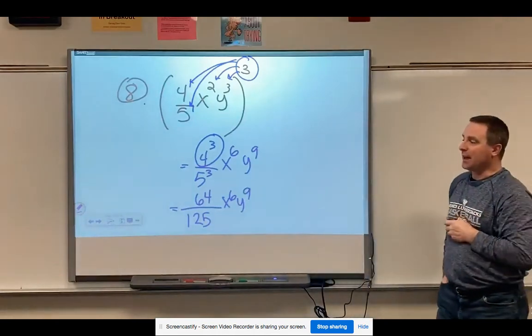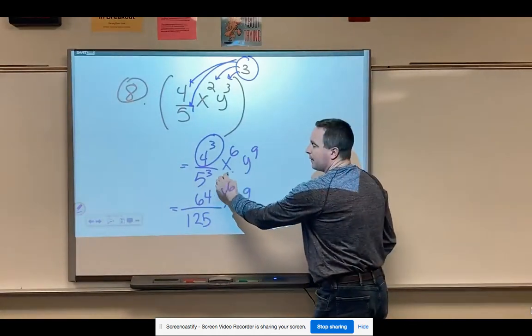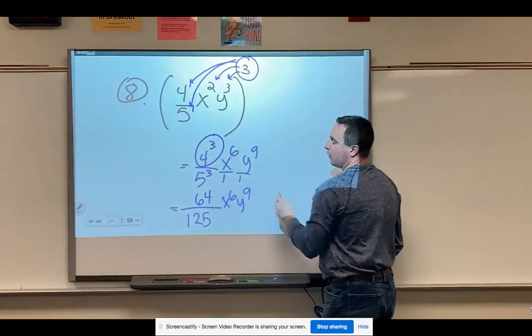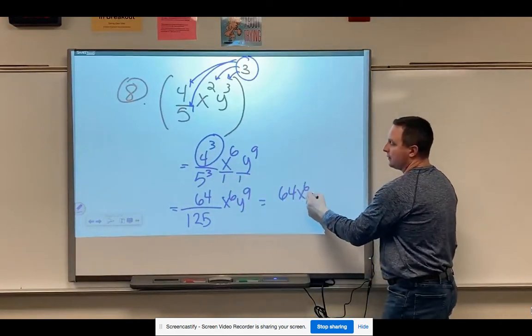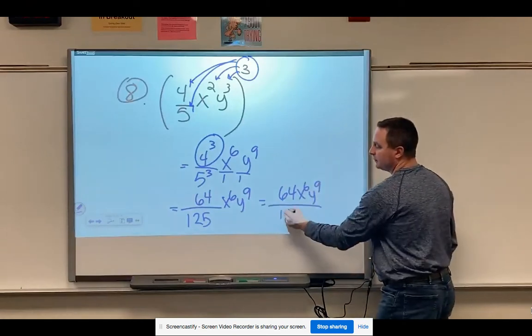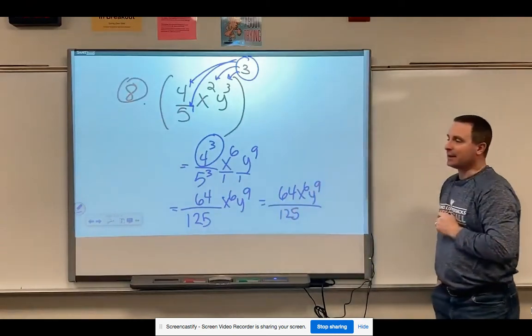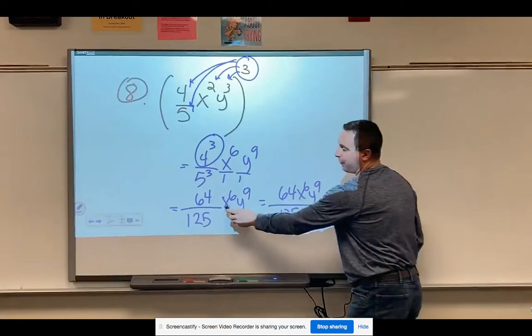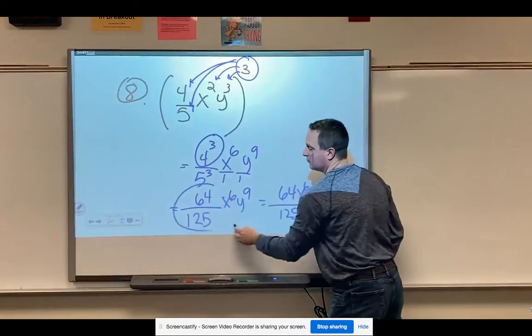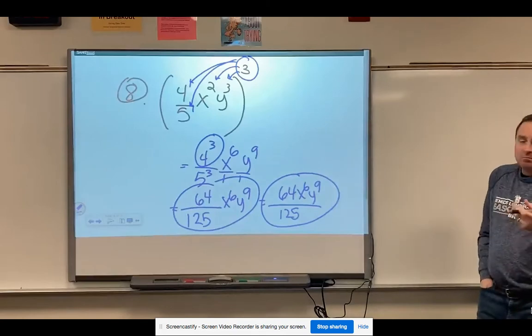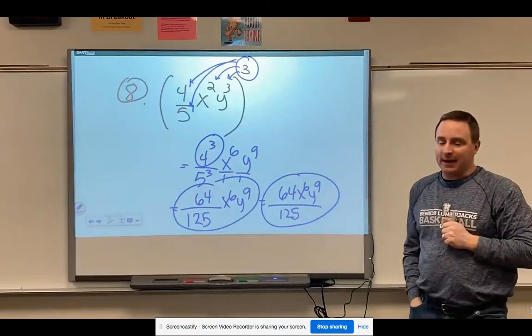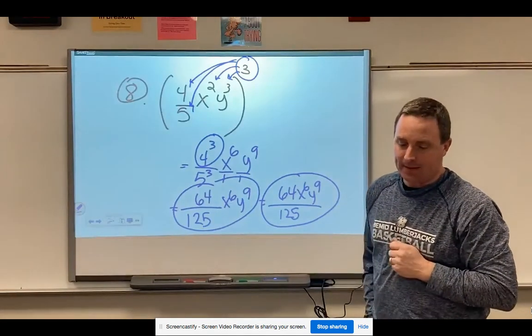Okay, you can certainly leave it like that. If you remember, technically these things are over 1, aren't they? So if I wanted to, I could write everything in the numerator and 125 in the denominator. But you can leave the fraction as a separate thing out front, or you can certainly combine it and make it one fraction altogether. Okay?